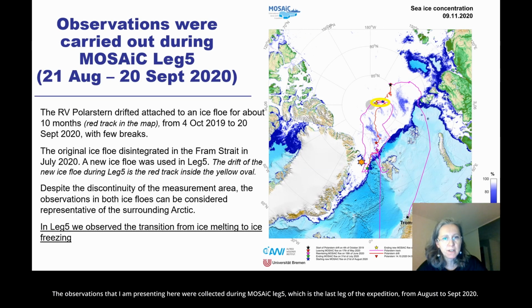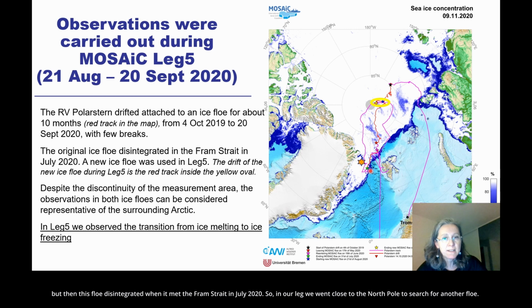The observations that I am presenting here were collected during MOSAiC leg 5, which is the last leg of the expedition, from August to September 2020. Before leg 5, the research vessel Polarstern drifted attached to an ice floe for about 10 months, following this red track here, with few breaks.